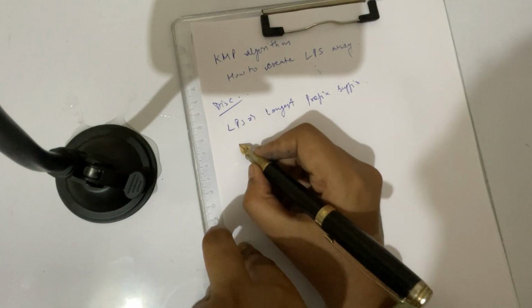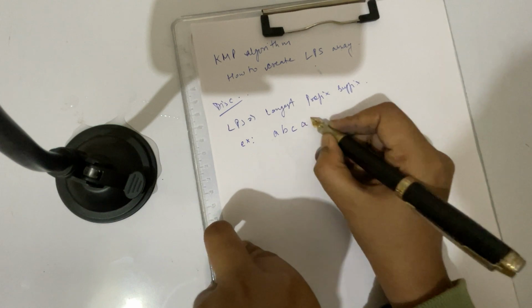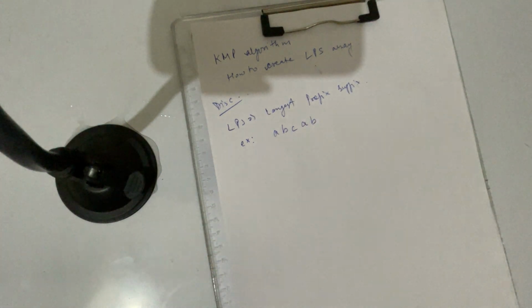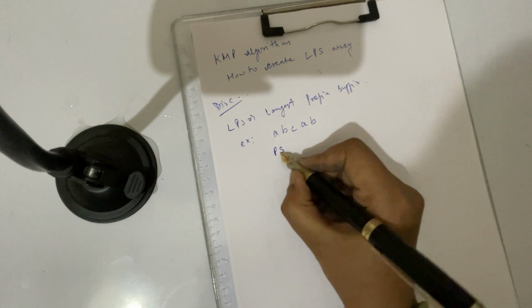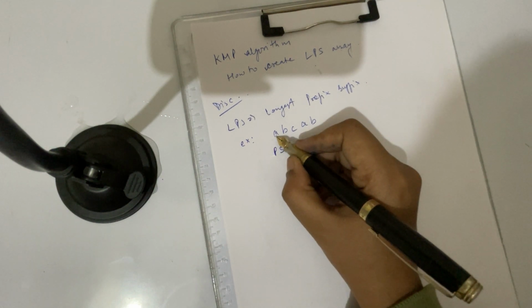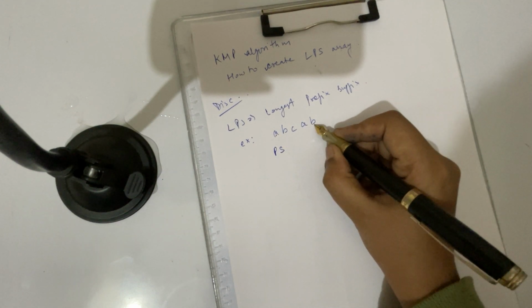For example, let's take the string A B C A B. Now I want to write all the prefix substrings, substrings which start from the beginning and should not end with the last character, the suffix.